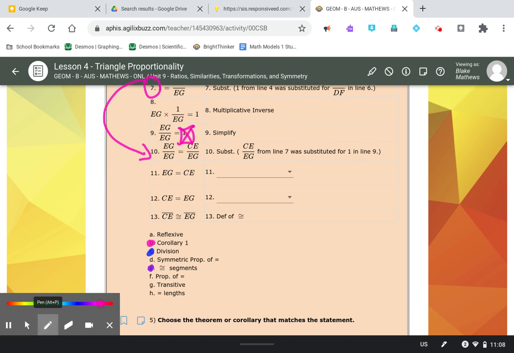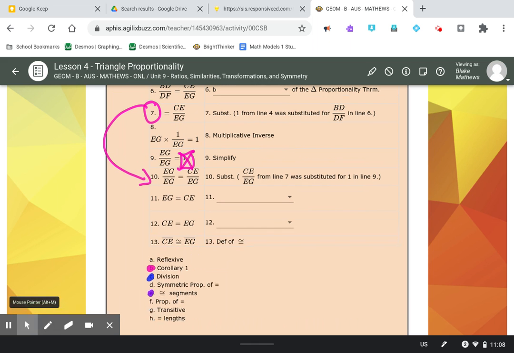That's going to be the symmetric property of equality. Nope. That's going to be the, feels like there's one missing here. We'll call it the transitive property. No. Interesting.